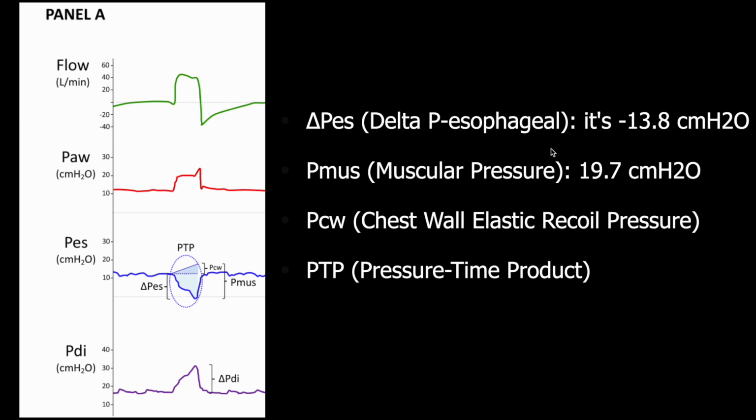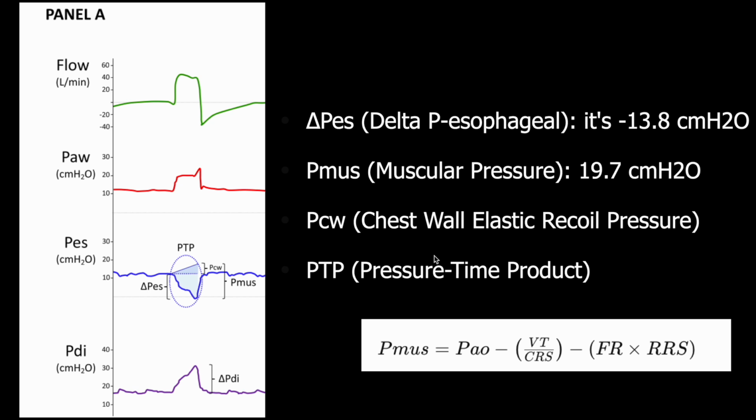Okay. So the next thing that we calculate is the muscular pressure. Now the muscular pressure is calculated by the formula: the airway pressure minus the tidal volume divided by the compliance, minus the flow multiplied by the resistance. This will give us the muscular pressure.